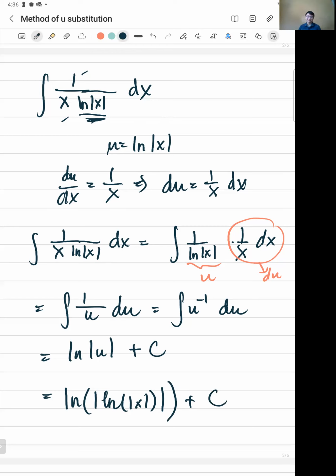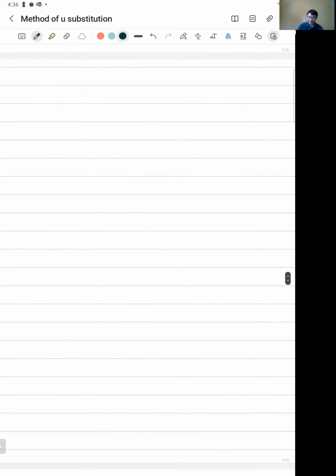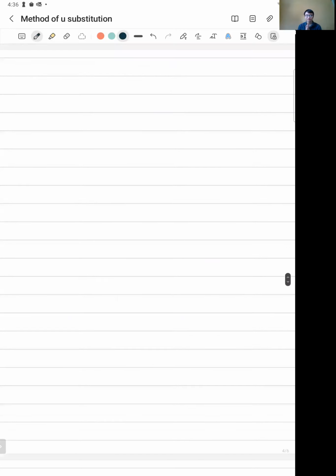It looks complicated, but if you can't see my answer, I recommend you solve it yourself, and you will see it. Trust me. So to sum up to this point: if it is in the form of f of g of x times g prime of x, we put u equal to g of x.